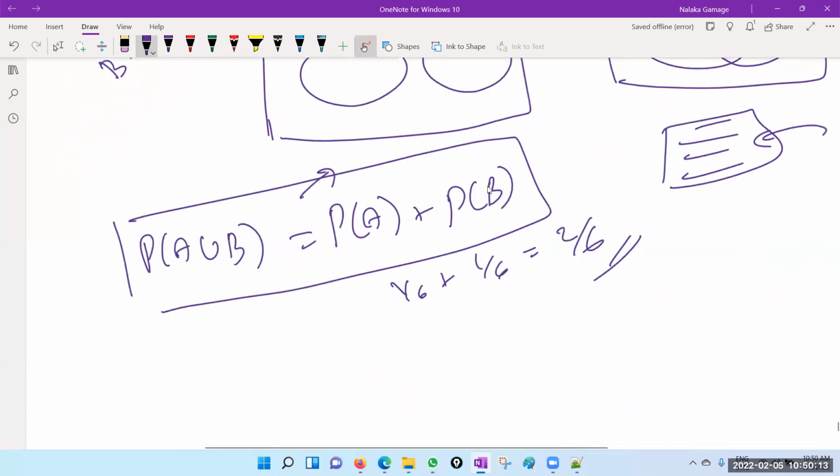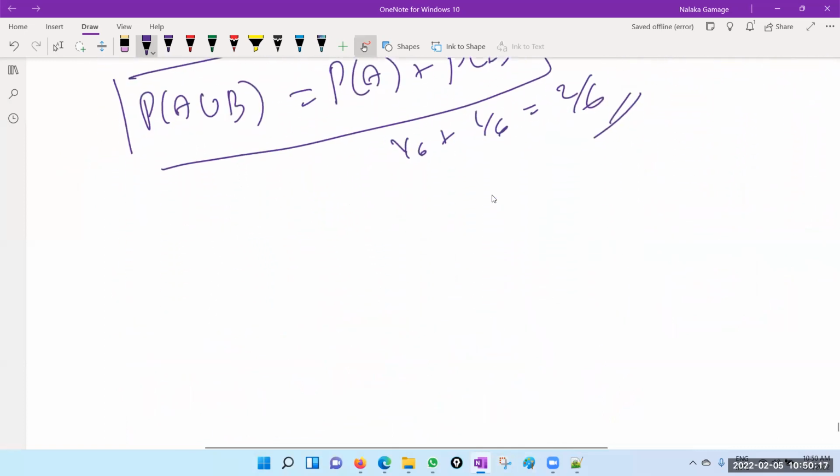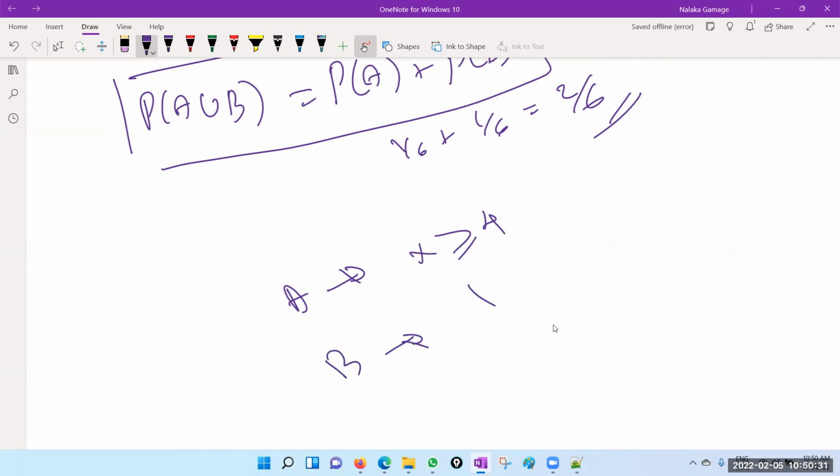So let's take two more mutually exclusive events. Say A is getting more than or equal to 4, and event B is getting 1. What is the probability of A or B happening? Here, how many outcomes are there? The probability is the number of outcomes divided by total outcomes.